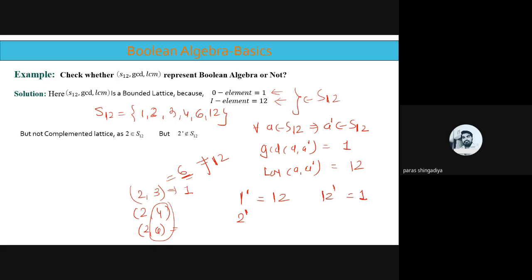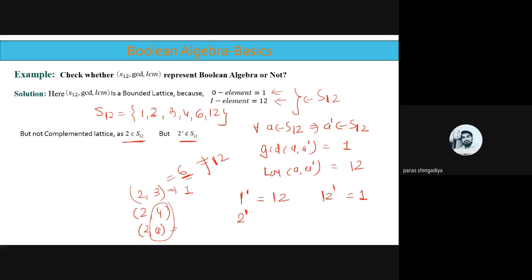So therefore we cannot find a complement of 2 in S12. That means 2 dash does not belong to S12. Here 2 belongs to S12, but 2 dash does not exist. That means we cannot find any number as the complement of 2.